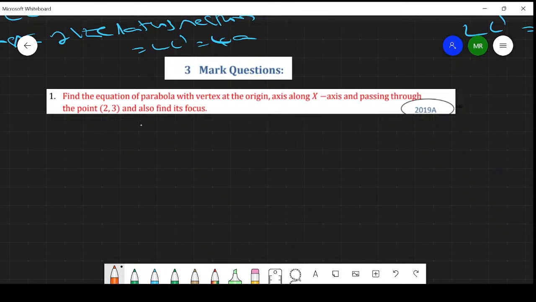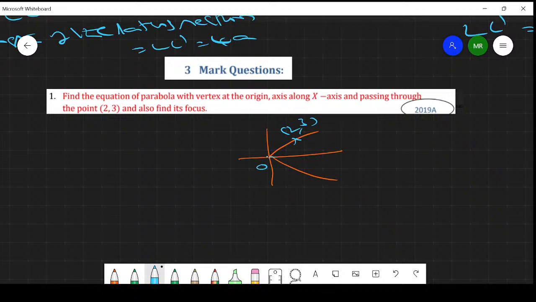Now you can see here: find the equation of a parabola with vertex at the origin, axis along the x-axis, and passing through the point (2, 3), and also find its focus. Just think about this parabola whose vertex is at the origin. It passes through (2, 3), so it opens towards the right side.